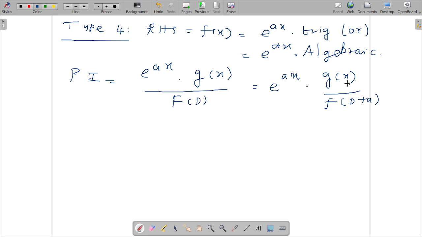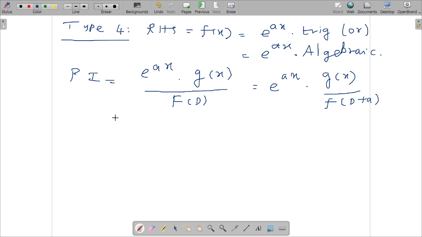Now g of x is trigonometric or algebraic, and as usual we know how to solve that. The exponential is no longer under consideration. You have to separate it from the denominator, just applying D tends to D plus a.